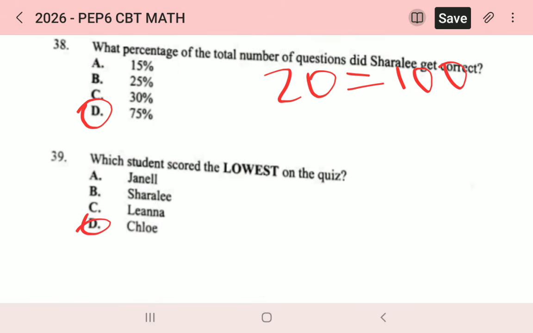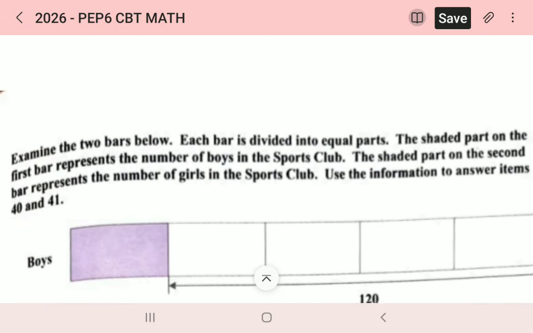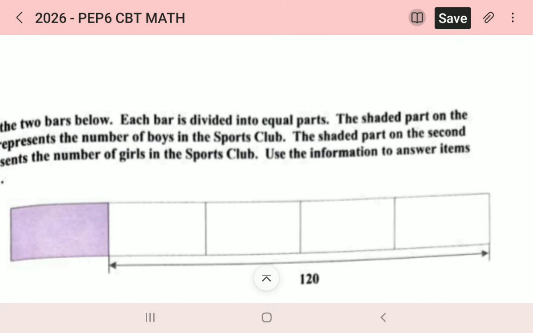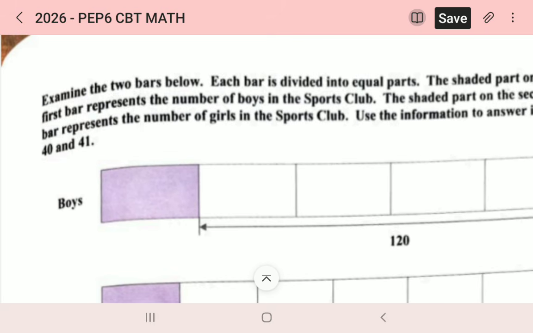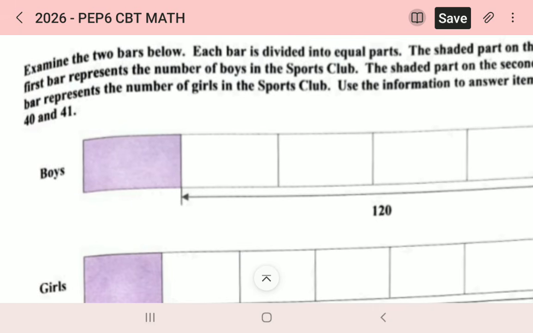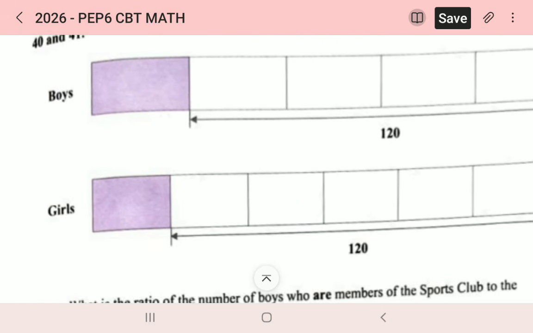All right, let's go. Moving on to this one. Examine the two bars below. Each bar is divided into equal parts. The shaded part on the first bar represents the number of boys in the sports club. The shaded part on the second represents the number of girls. Use it to answer items 40 and 41.